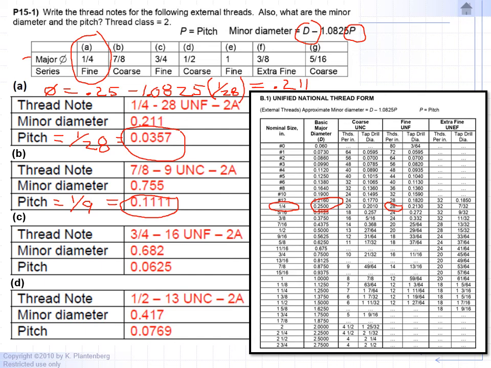Now let's go ahead and write down the thread note. We're dealing once again with 7/8. So we go 7/8 dash 9. It's not minus, it's dash. Dash 9 tells us that there are 9 threads per inch, coarse thread, for a 7/8 major diameter bolt.